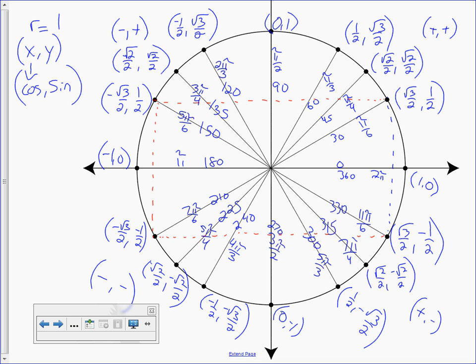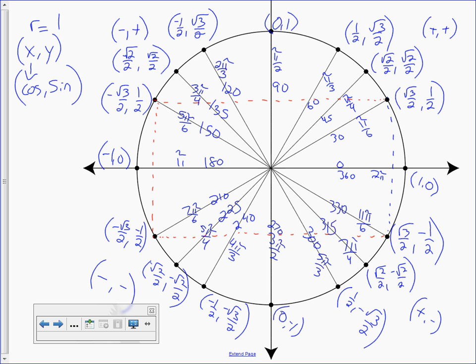Sine, 1, 2, 3. Look at your numerators. 3, 2, 1. 1, 2, 3. Everything is over 2. You just have to remember the roots, that's all. That's pretty simple. Radius is 1, but when it works itself out, yes.